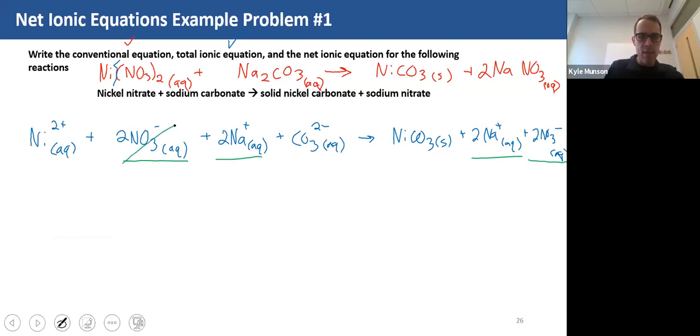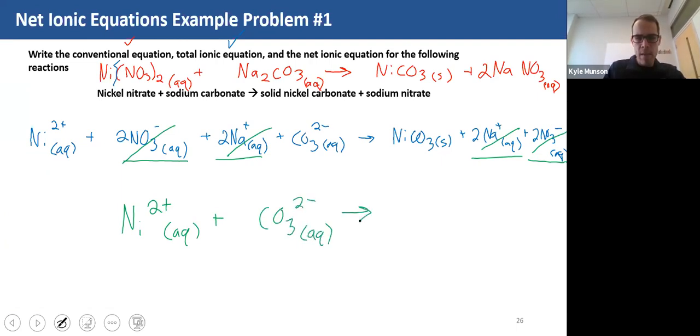So I could cancel them out, get rid of them, and write my net ionic equation, which is going to be a nickel ion plus a carbonate ion, and that gives me nickel carbonate solid.